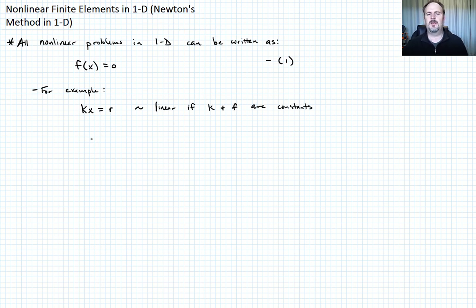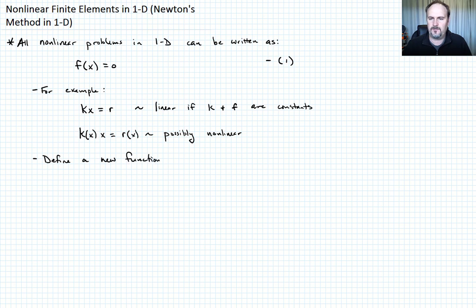Okay, but what if instead we have k, which is a function of x, times x is equal to r, which is also a function of x? That could be possibly nonlinear. So what we're going to do to solve this problem is define a new function, and let me put this as equation 2 as well.